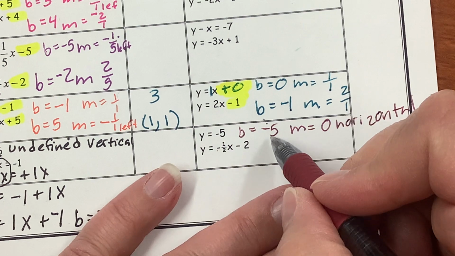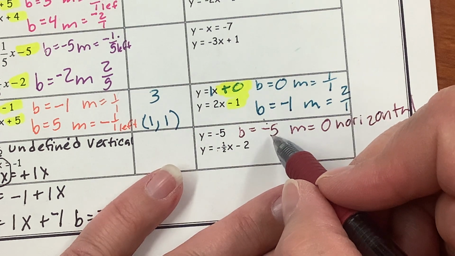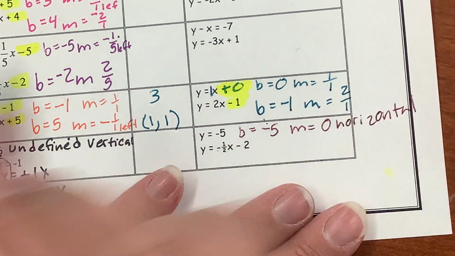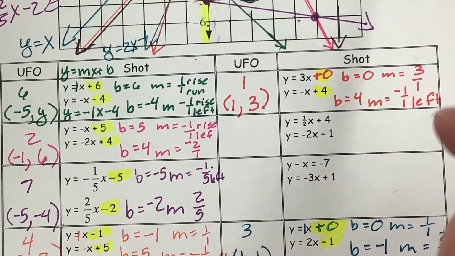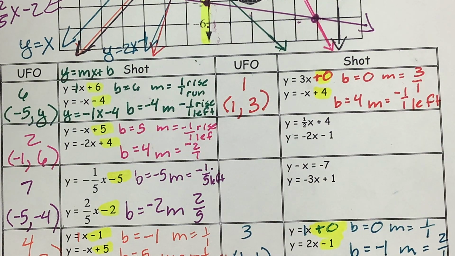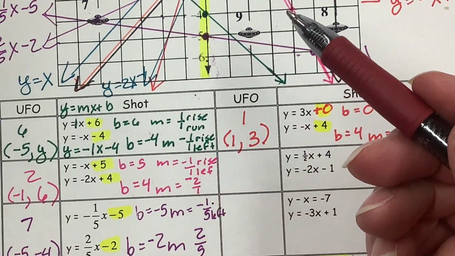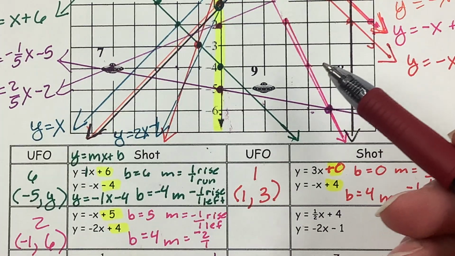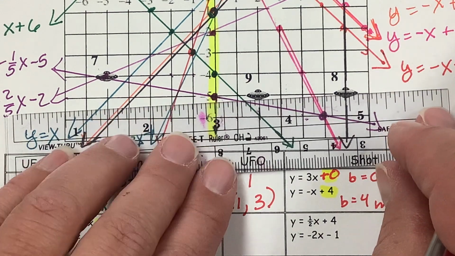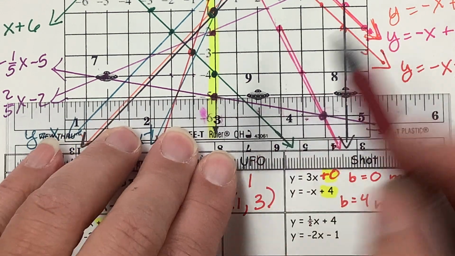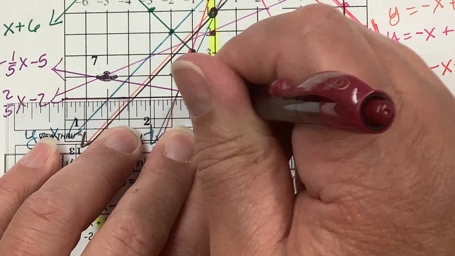So you put one dot on b at -5, and then you're going to draw a horizontal line with some arrows. So here's -5, and through there, straight across.